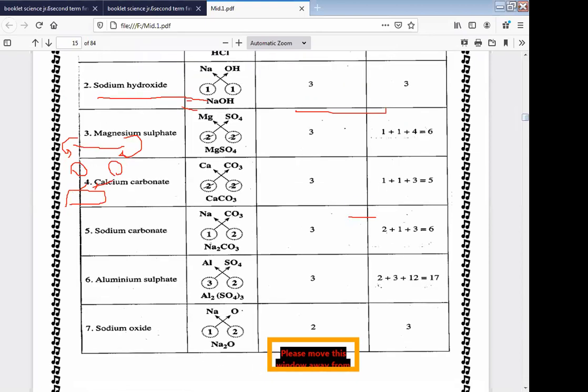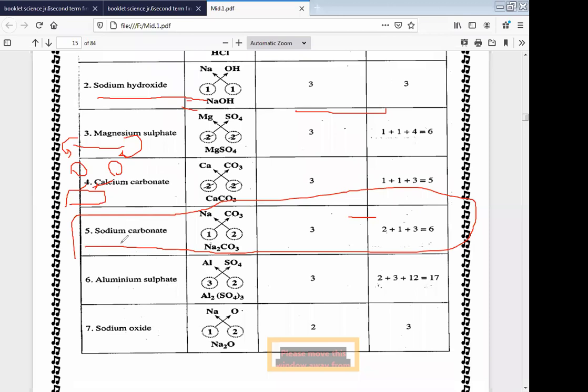Focus with me in this example. I want to write now the chemical formula of sodium carbonate. You should write sodium carbonate. Then write the symbols: Na, sodium, and CO3, carbonate. This atomic group is called the carbonate.